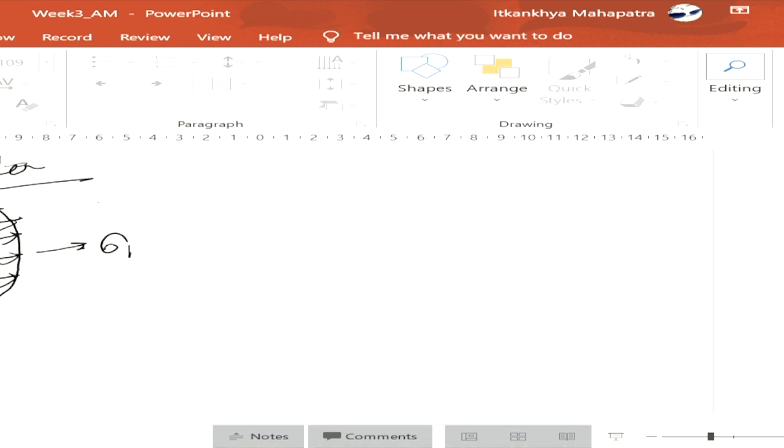Now suppose the tool moves from 1 to 2, and then the dotted line from 2 to 3, and in this way it will come to 4. Now this 2 to 3 move will be in air. It will be the retraction.